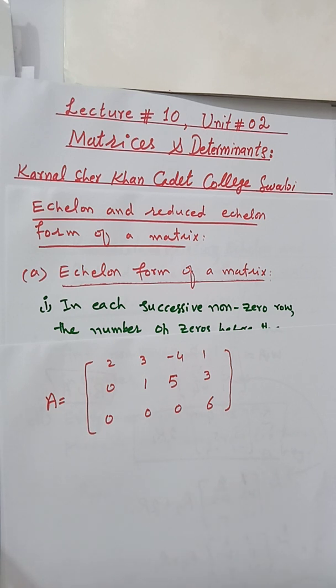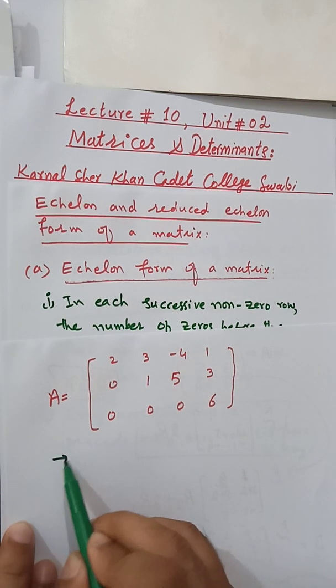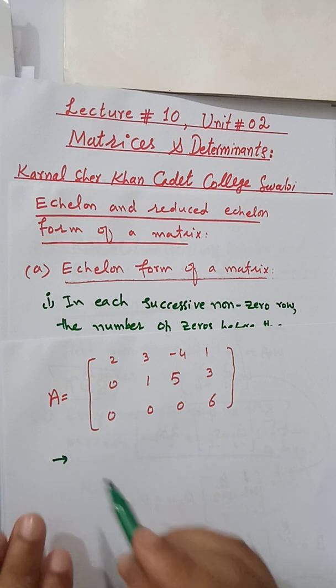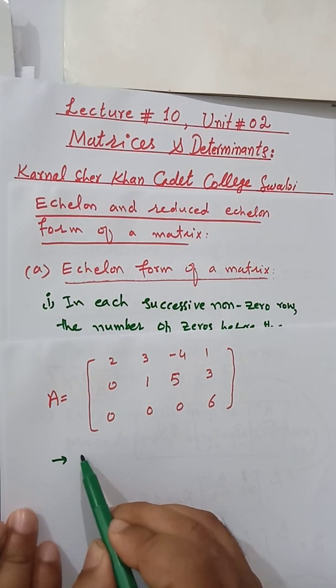The first step is to search for the first non-zero row. You will check whether row number 1 is the first non-zero row, or row number 2, or row number 3, and so on. A non-zero row means at least one entry in that row is non-zero.